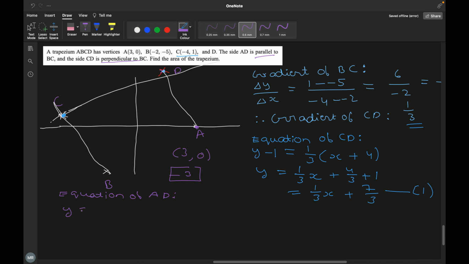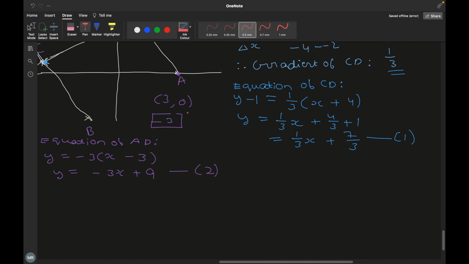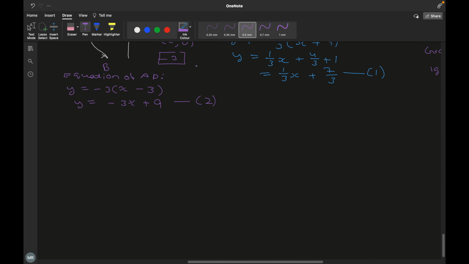So y equals -3 into x minus 3. That will be -3x plus 9. This is our equation 2. So now let's equate them.